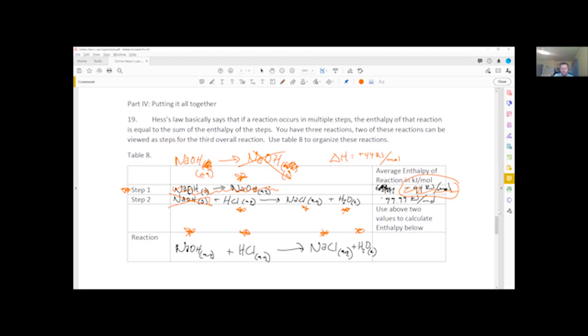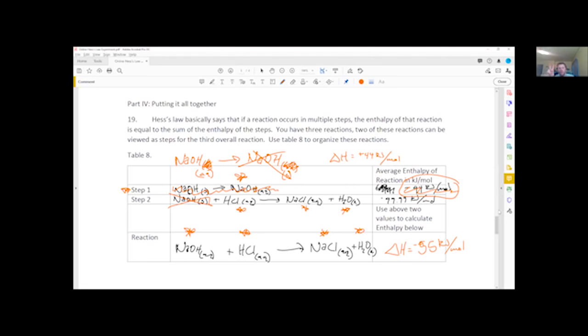And so then I can use the heat of these 2 reactions to come up with my delta H for this 3rd reaction. And this delta H for this 3rd reaction is ultimately, let's see, positive 44 plus negative 99 is going to be about negative 55 kilojoules per mole.